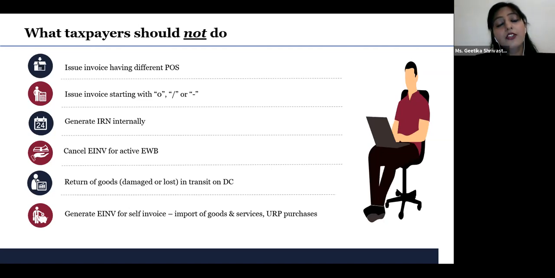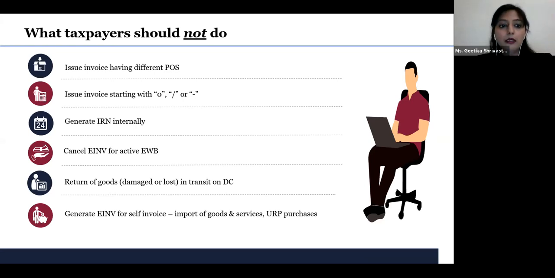The business cannot generate any IRN in-house. This is a very important point because in the initial phase, the government had said that they'll share the hash algorithm, etc., and the business will be able to generate the IRN. Later on, they changed this requirement. Now, if any invoice has to be generated with an IRN, it has to be sent to the portal.